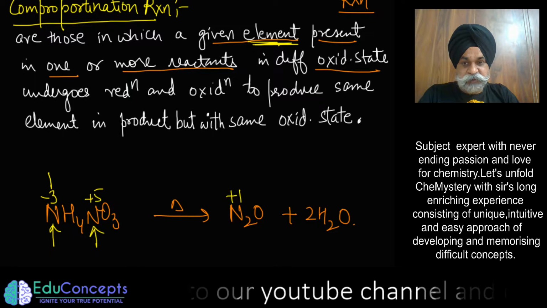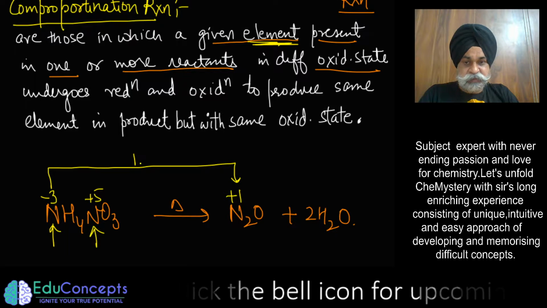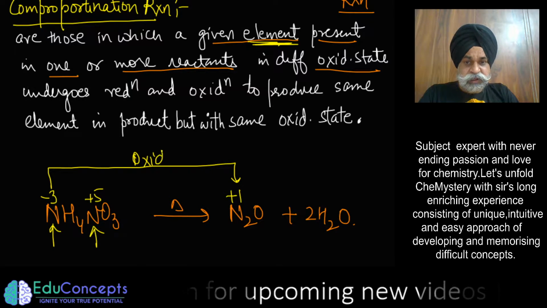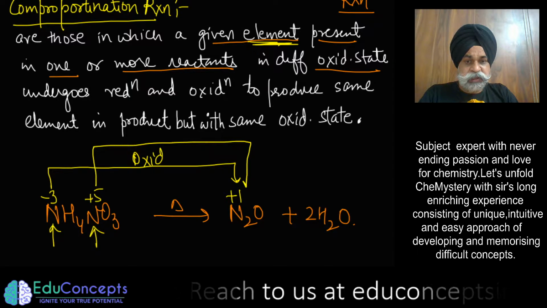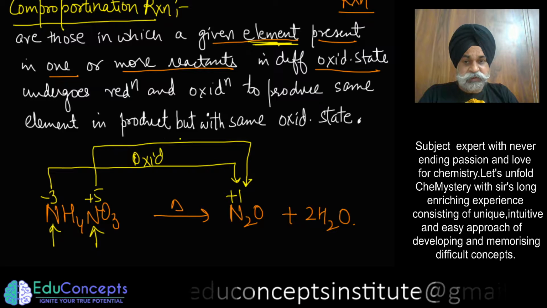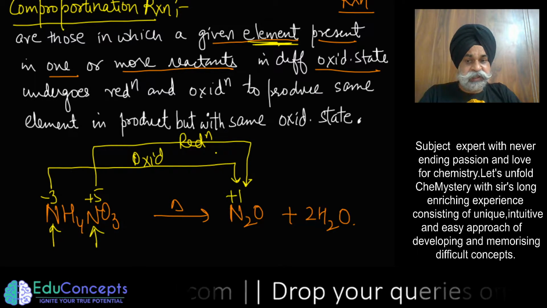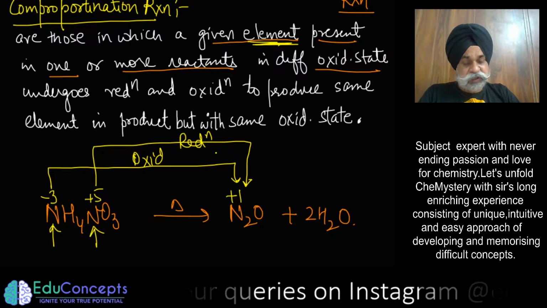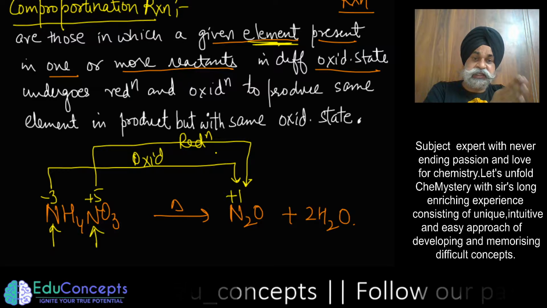So this is going from -3 to +1. That means it is undergoing oxidation, and this is going from +5 to again +1. So this is reduction. I think the viewpoint is clear that the same element which is in different oxidation states turns up to give the same element but with the same oxidation state.